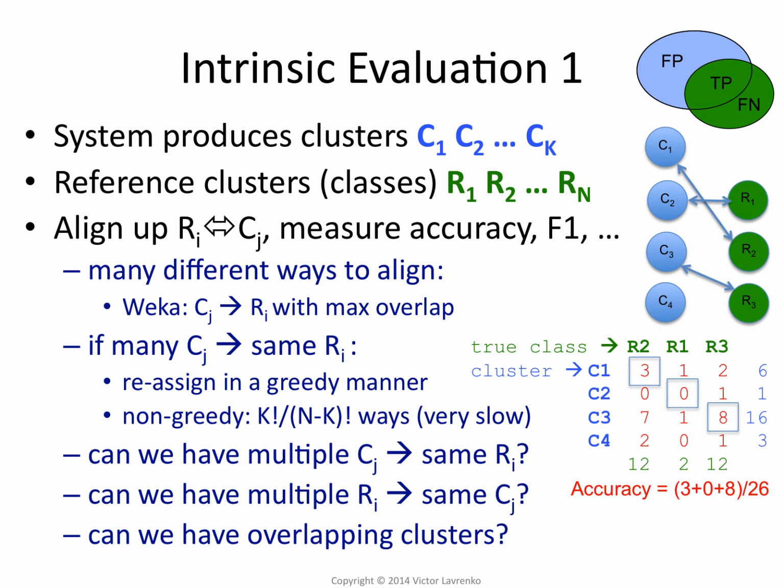So you don't have multiple row assignments, you don't have multiple column assignments, but your clustering technique can produce overlapping clusters. With this evaluation metric, is there a way to cheat? Is there a way to get a guaranteed 100% accuracy with a clustering that's not a very useful clustering?